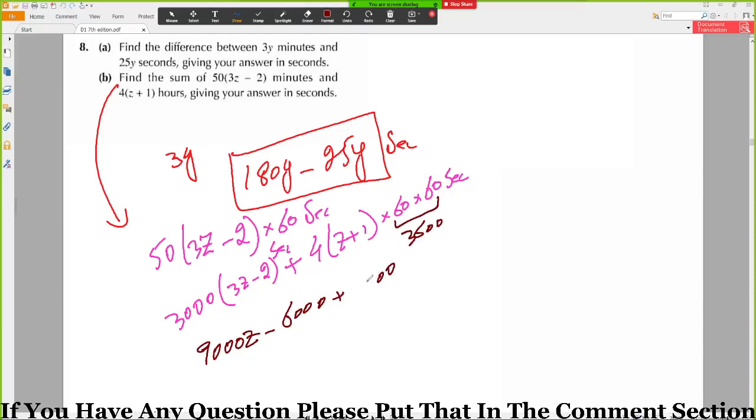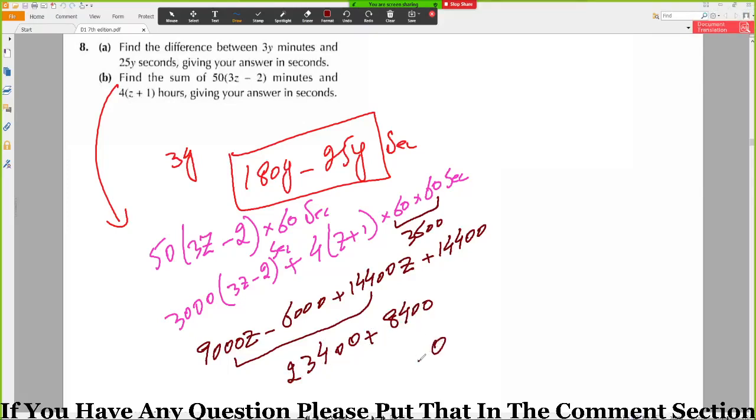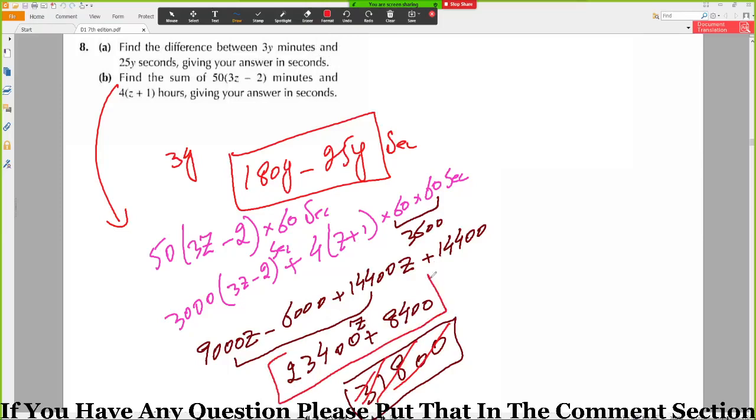So add these two, you will get the terms with z together and the constants together. So this will be the final answer in seconds.